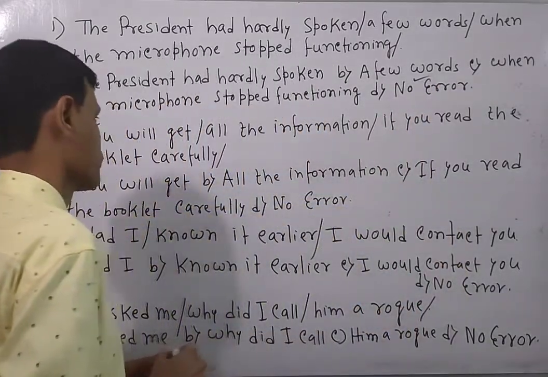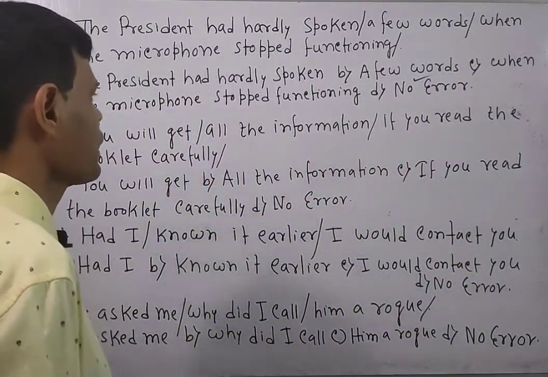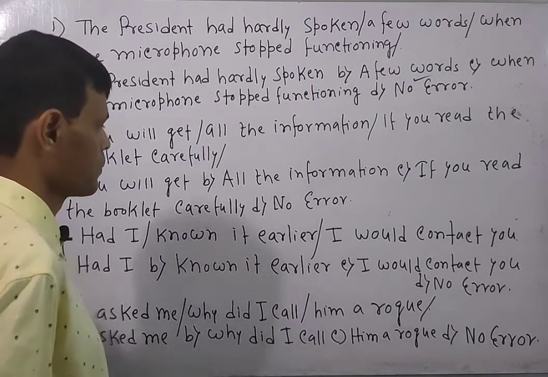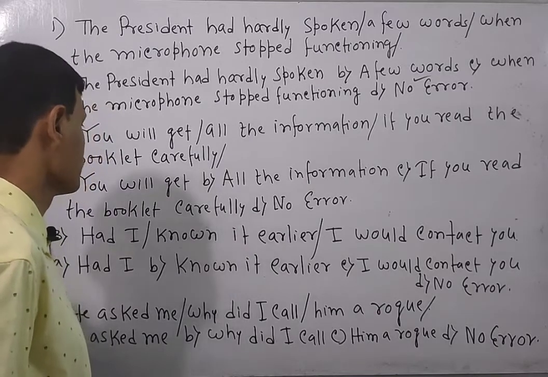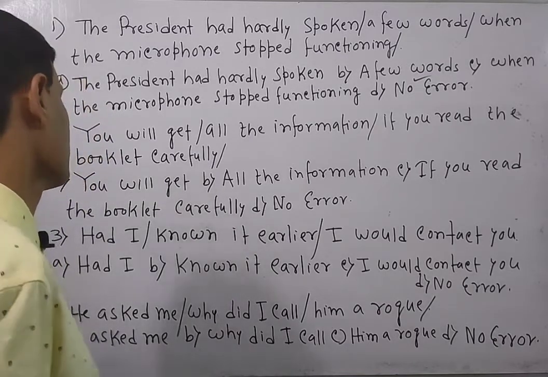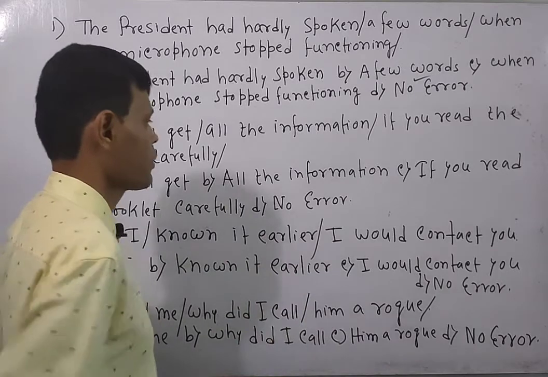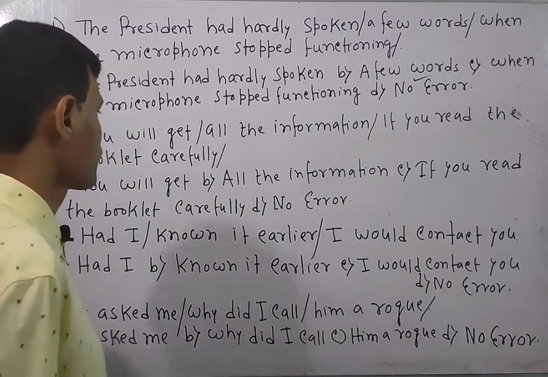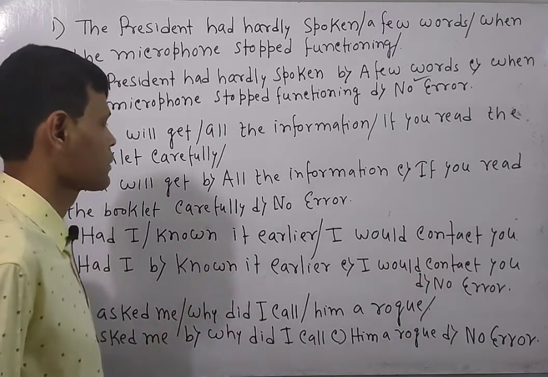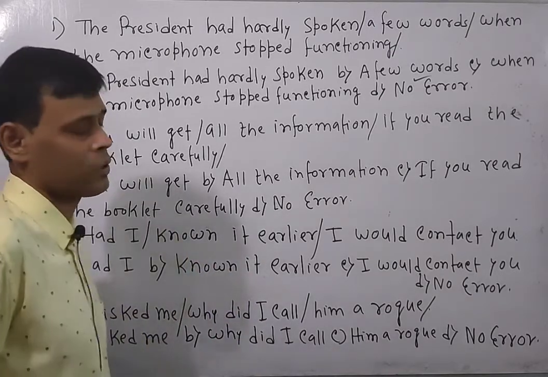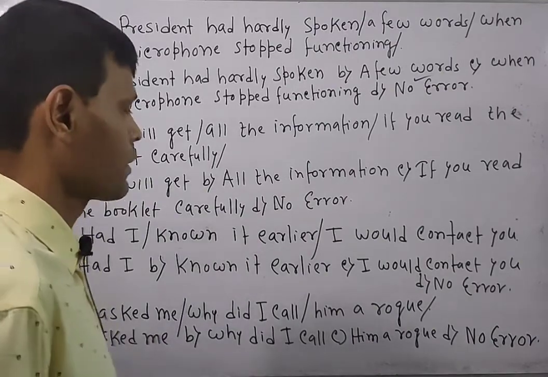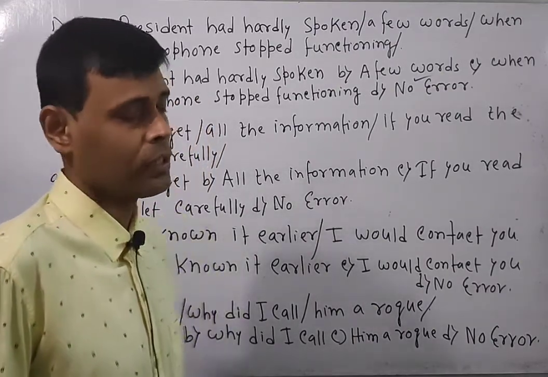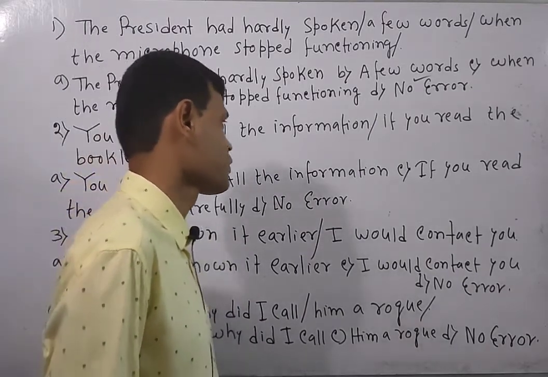Now look over the next question. You will get all the information if you read the booklet carefully. Now look over the options. No error. Now the first part is based on the simple future tense and the second part is based on the conditional approach and the tense is simple present tense.